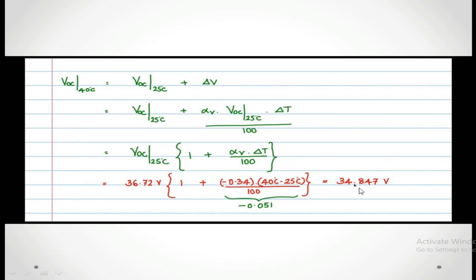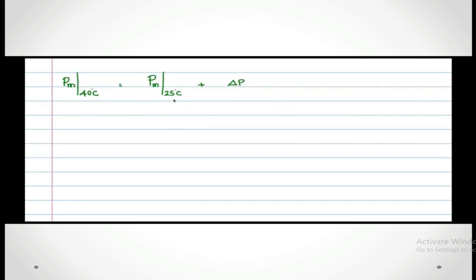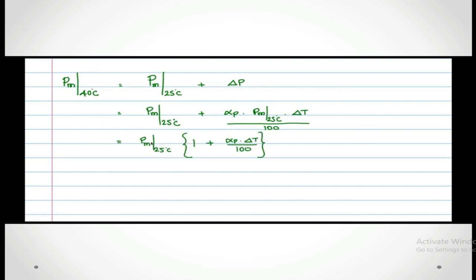Now let us see the effect of temperature on our maximum power. We are going to calculate PM at 40 degrees centigrade, which is the sum of PM at 25 degrees centigrade plus delta P. Delta P is alpha P into PM at 25 degrees centigrade into delta T by 100. I am substituting the same expression here, taking PM at 25 degrees as common, so that will be like this. Let us substitute the data sheet values.